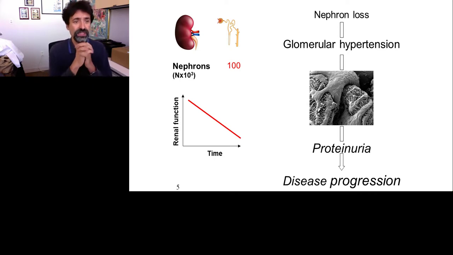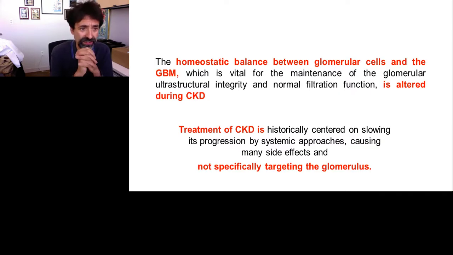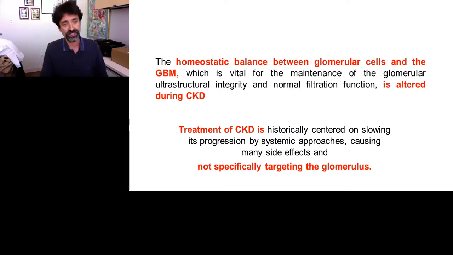So it's important to highlight that the homeostatic balance between the glomerular cells and the glomerular basement membrane, or GBM, which is vital for the maintenance of the glomerular ultrastructural integrity and normal filtration function, is altered during chronic kidney disease, or CKD.